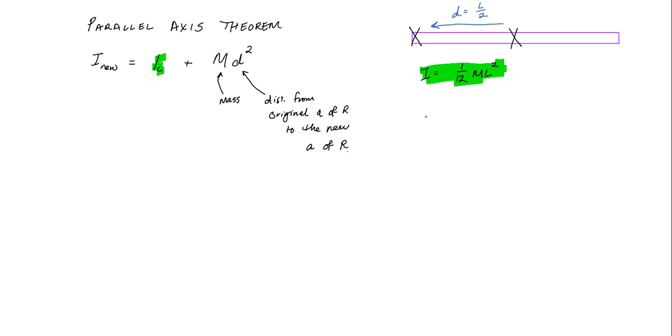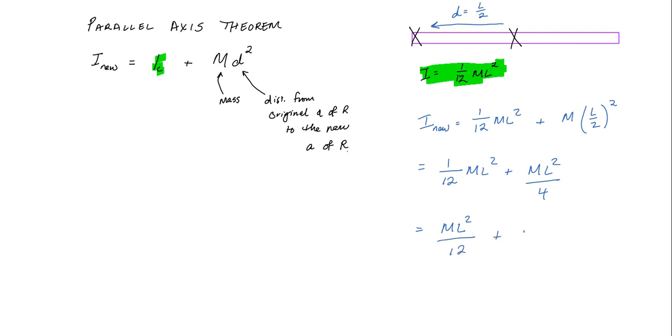So what I'm going to do here is say that the new moment of inertia is going to be equal to 1/12 times m L squared plus m times the distance L over 2 squared. Okay, so let's do the simplification. This becomes m times L squared over 4. So this is really m L squared over 12 plus m L squared over 4.